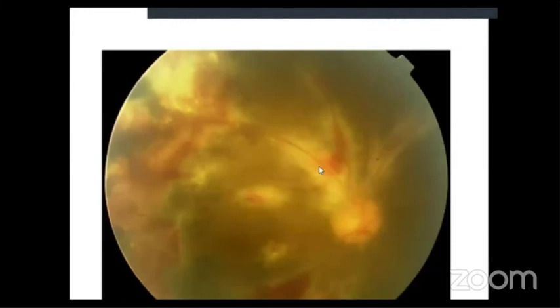Case of acute CMV retinitis involving the posterior pole.